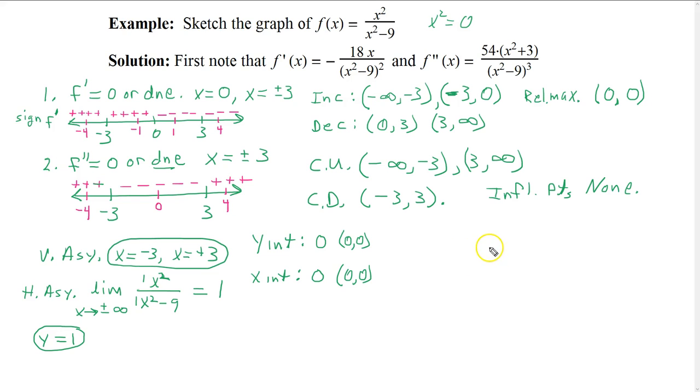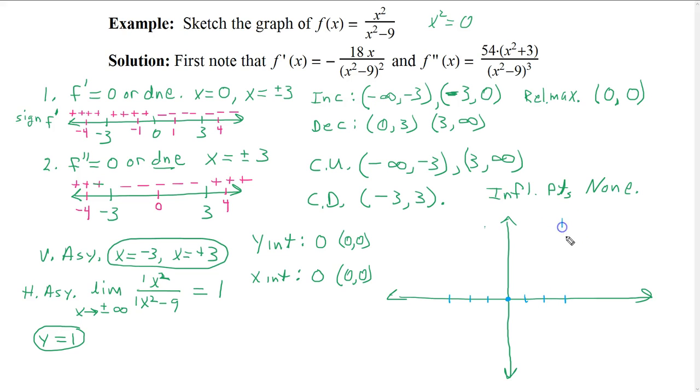Now we can sketch the graph of this function. So let's notice all of our information up here. We've got a relative maximum at 0, 0. Let's plot that right here. We have vertical asymptotes at plus and minus 3. Let's sketch those. So let's say 1, 2, negative 3, 1, 2, negative 3.